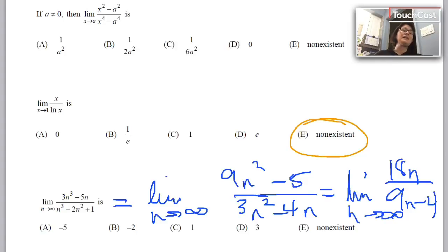So I'm going to have the limit as n goes to infinity of 18 over 9, which makes 2, but that's not an answer choice. What happened? Oh, got it, because I multiplied wrong. This last guy here should have been 2 times 3 to make 6n. So I'm going to have the limit as n approaches infinity of 18 over 6, which makes 3.